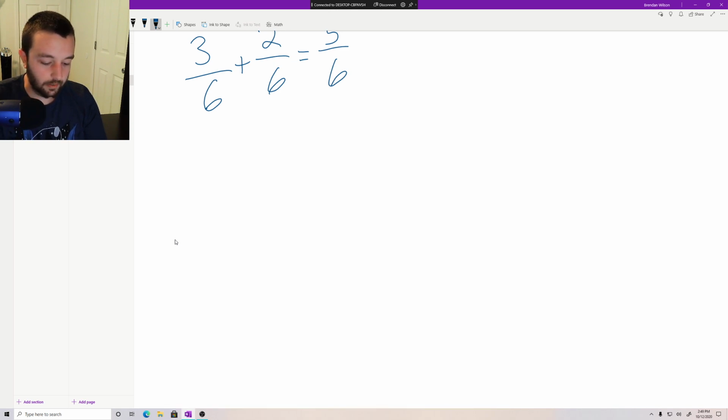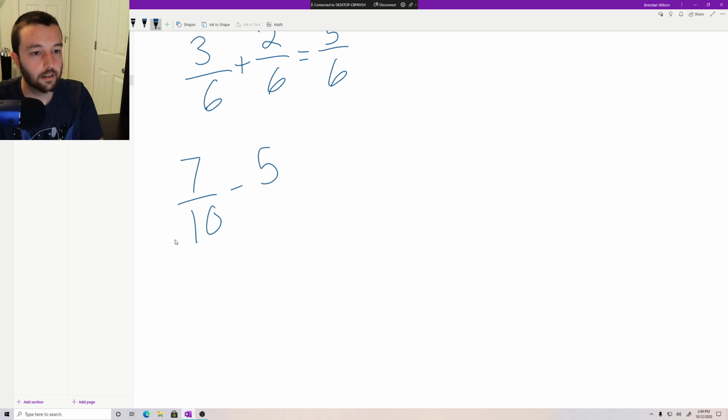What if we did 7/10 minus 5? Okay. So we need them both to have a denominator of 10. 5 doesn't even have a denominator, so we can think of the denominator as 1.